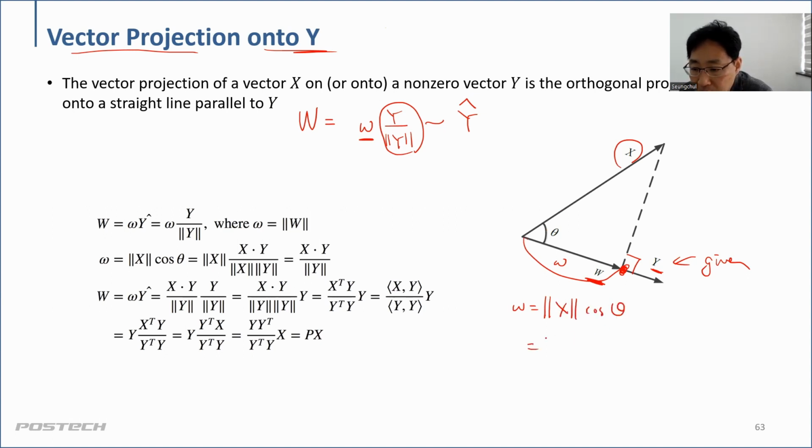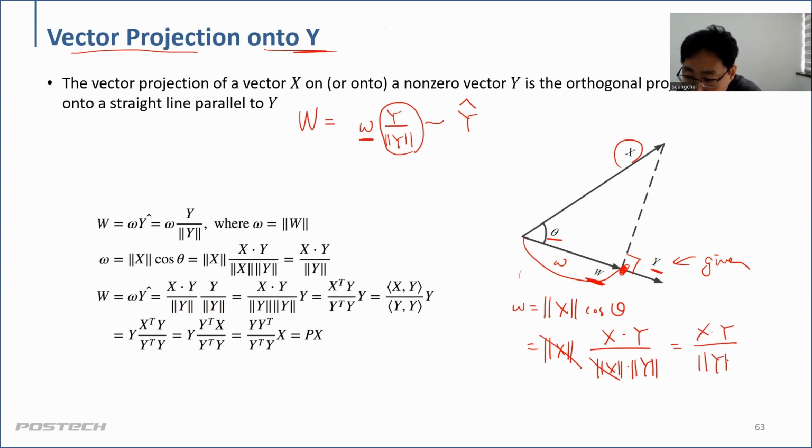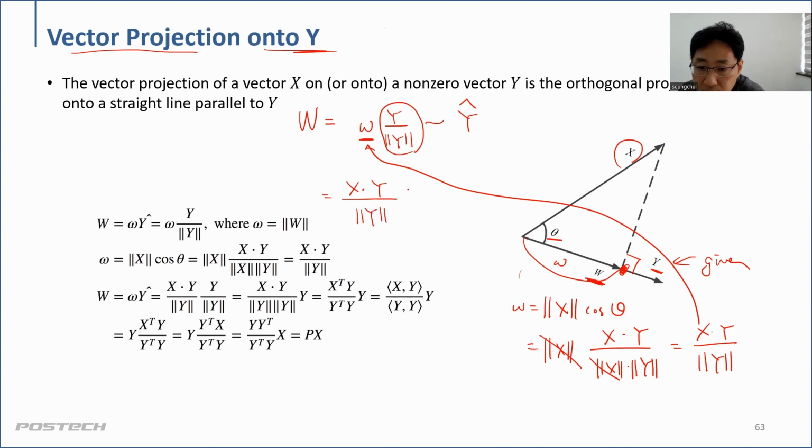The cosine is given by the inner product of x and y, using the definition of the inner product, and we can cancel terms out. So that's omega, and I plug that in here.